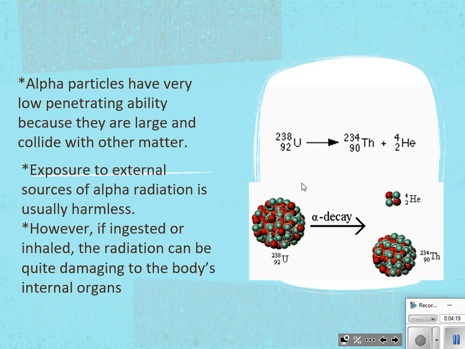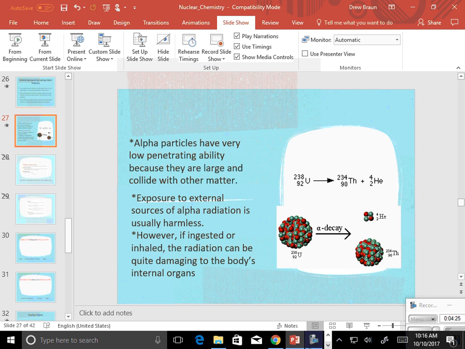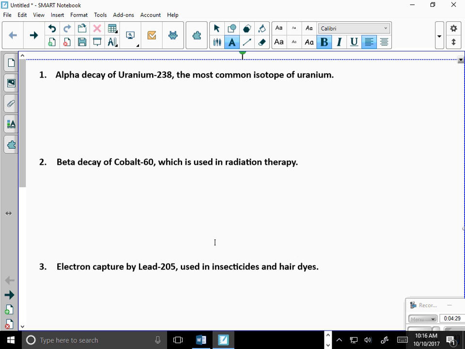And this doesn't look exactly like what you have in your hand because you have the symbol with the X and the A and the Z up at the top, meaning the mass number for A. The Z is the atomic number.